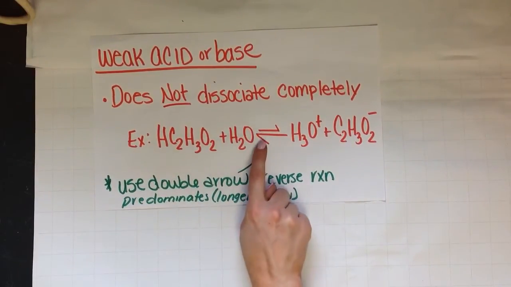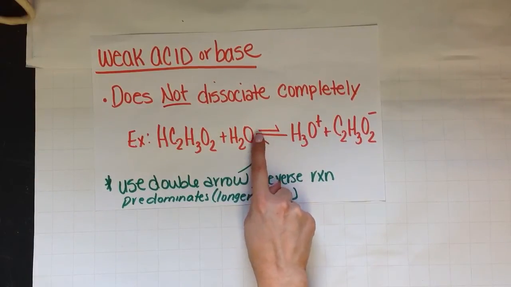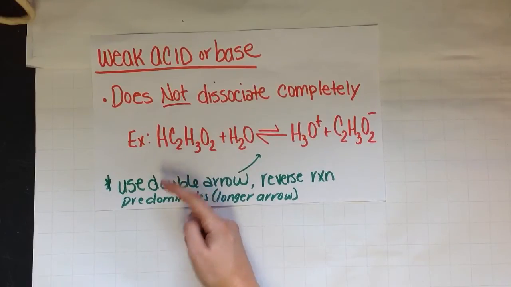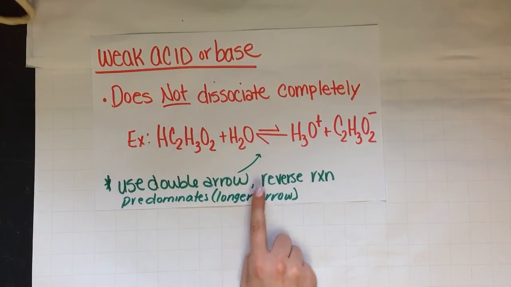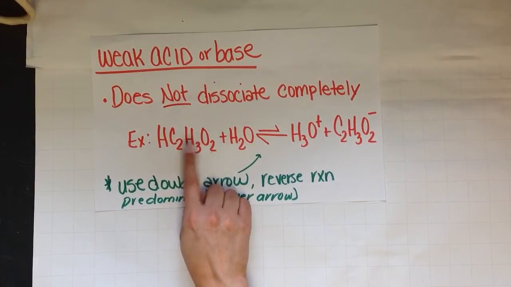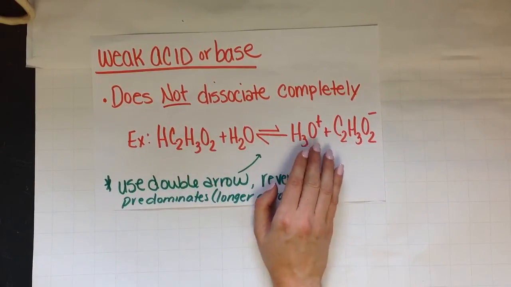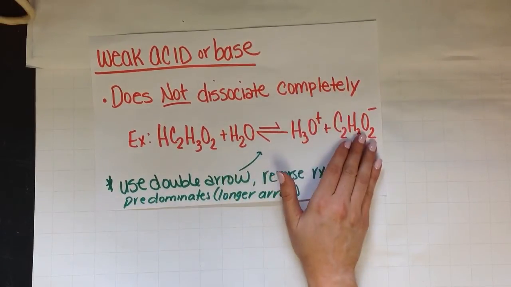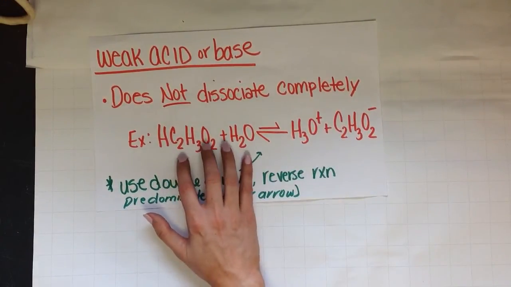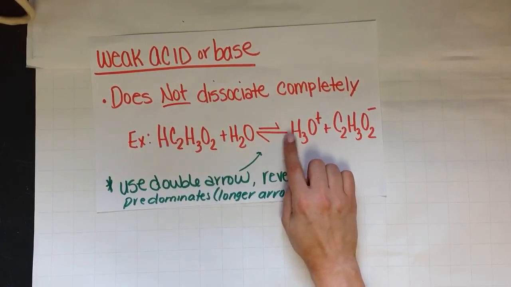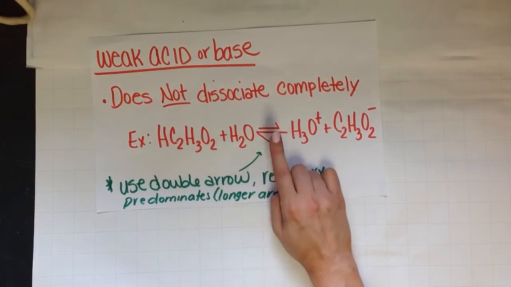Now, since the reverse arrow is drawn longer, it basically will show that the reverse reaction predominates, right? The longer arrow predominates, meaning this is what's going to happen more often, that my H is going to give itself back to my acid and form back into these. Okay? The double arrow means I have a weak acid or a weak base.